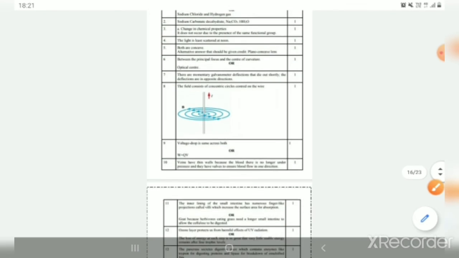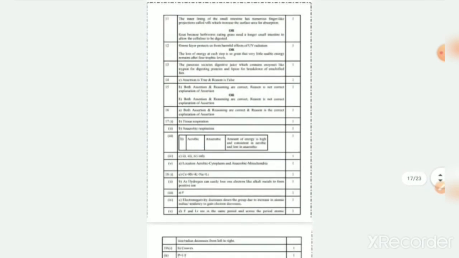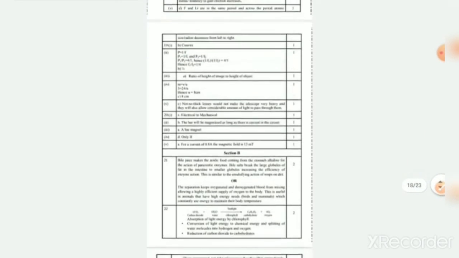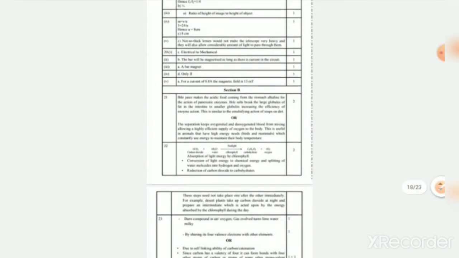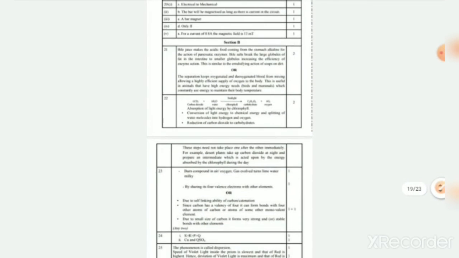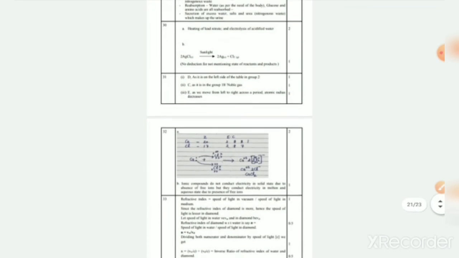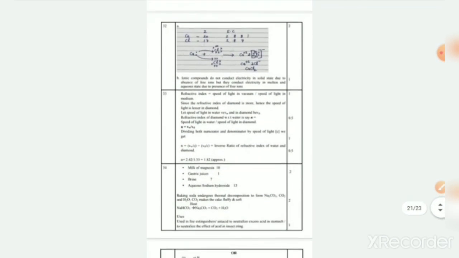So you read very carefully all the marking scheme and the question paper, because if you know everything before going to your board exam or the exam hall, if your concept is clear, then you will not face any problem.